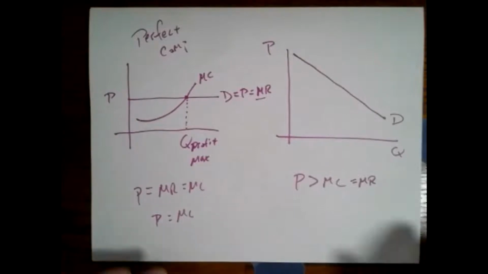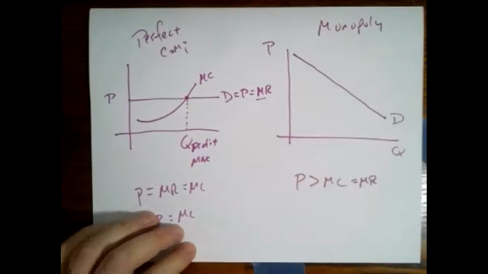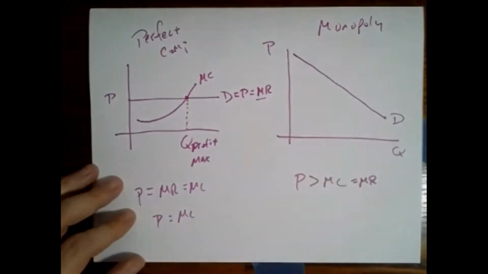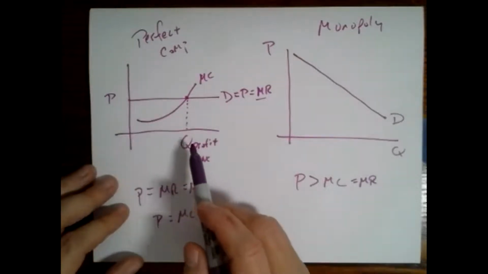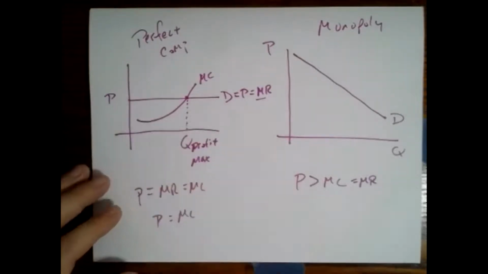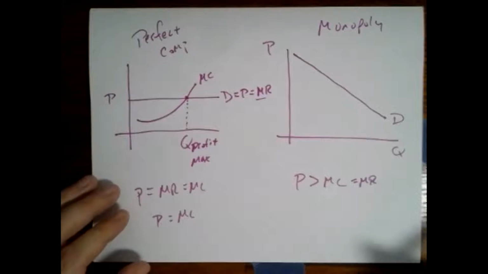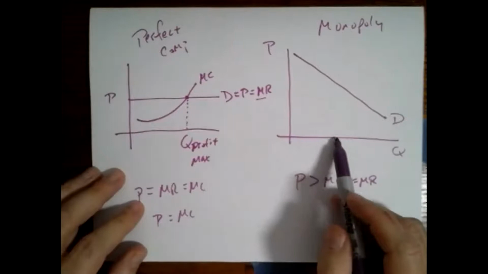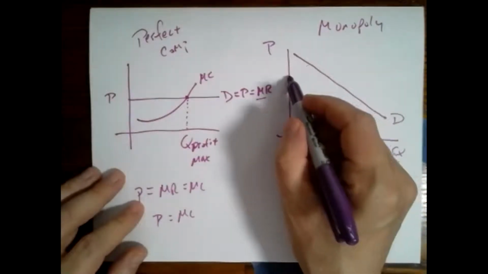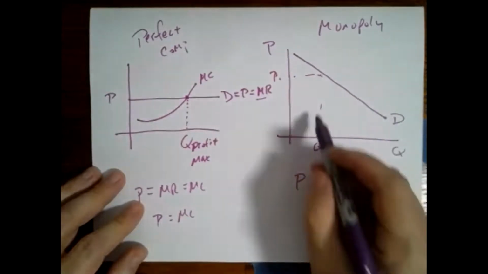But the thing you have to remember is that under monopoly, the monopolist faces a downward sloping demand curve. Under perfect competition, the suppliers face a horizontal or perfectly elastic demand curve. So as the monopolist decides to increase quantity, say from Q1, they get P1.